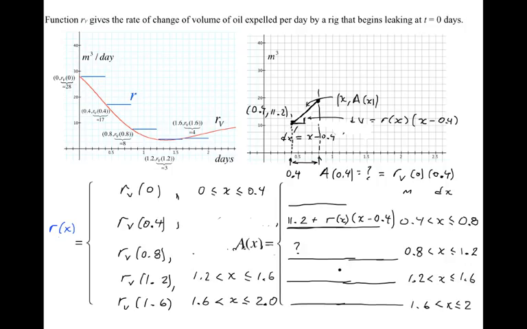So see if we can do it. Figure out what's your initial amount of oil at 0.8 days. It'll be the same as what? The final amount of oil in the second moment will be the initial amount then in the third moment, and then we're going to continue to build the function here for the third moment. See if you can do it. Go.